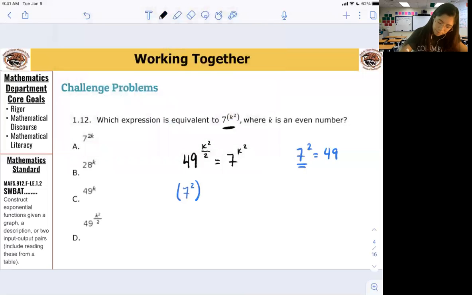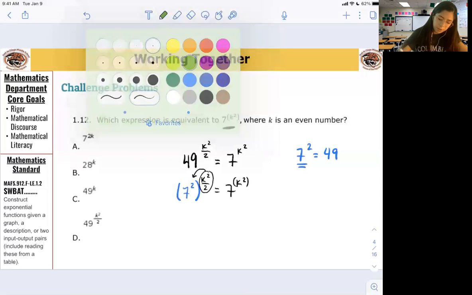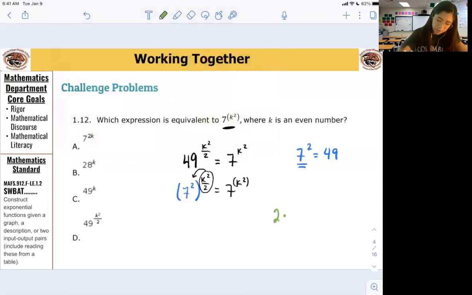Now I have this big old exponent here. But we know that we're going to have to distribute and multiply. So I'm doing 2 times k squared over 2.